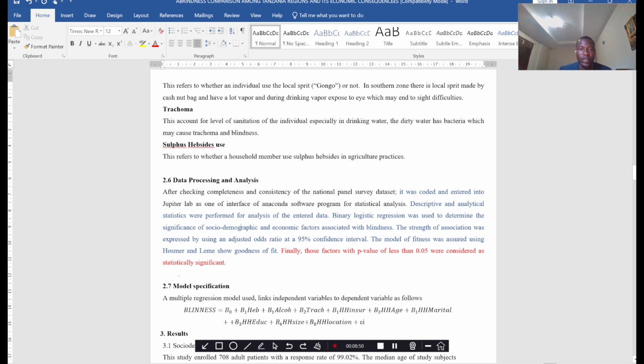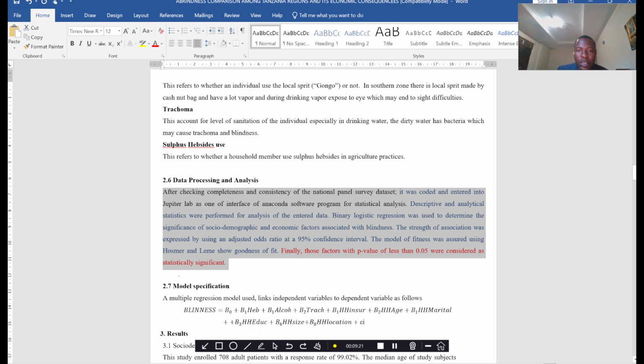On data analysis, as I told, we're going to utilize data from national panel surveys, and the unit of analysis will be the individual level. We're going to do descriptive and inferential statistics.